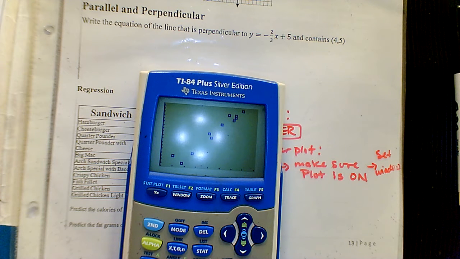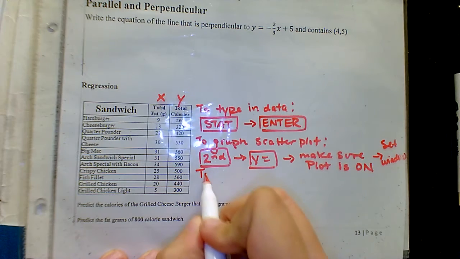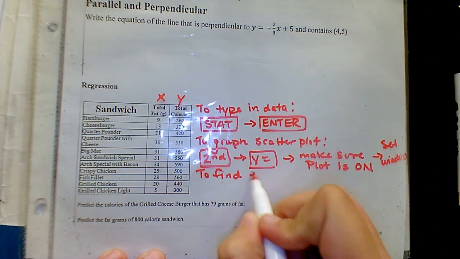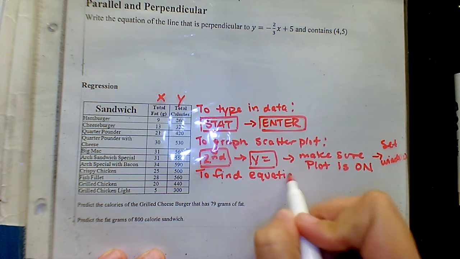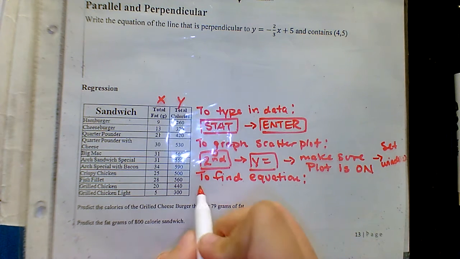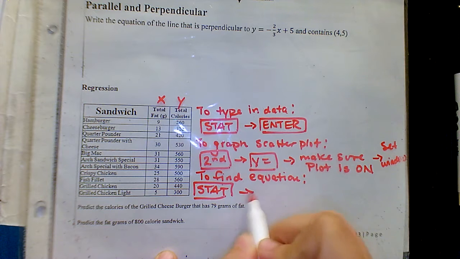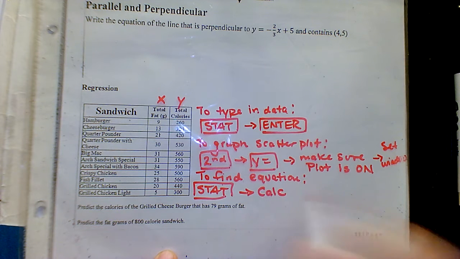Okay, so what we're going to do now is let the calculator figure out the exact equation of the best straight line that would get as close as it can to all those data points. Okay, so next one, to find equation. We're going to go back to that stat button, but then we're going to scroll over to calc.